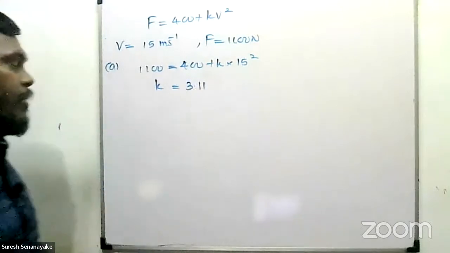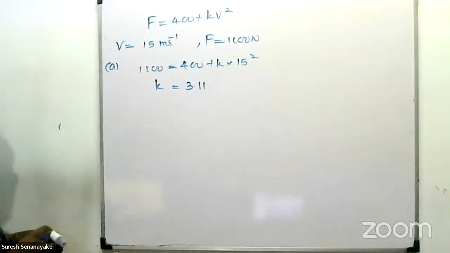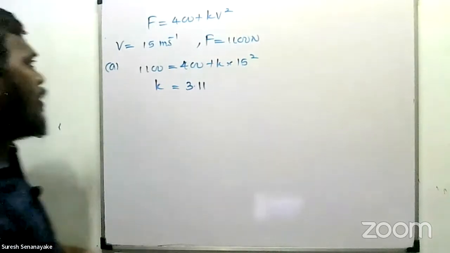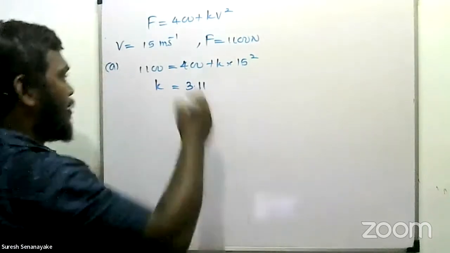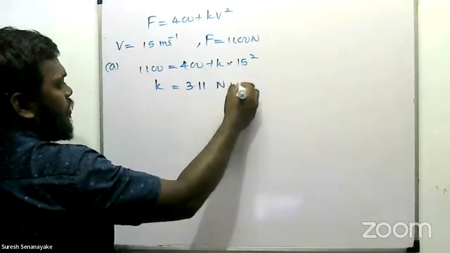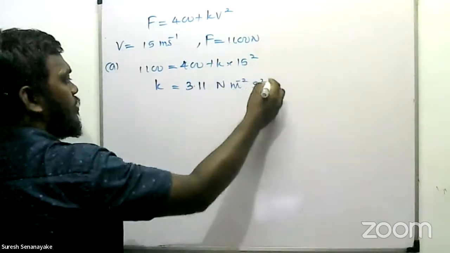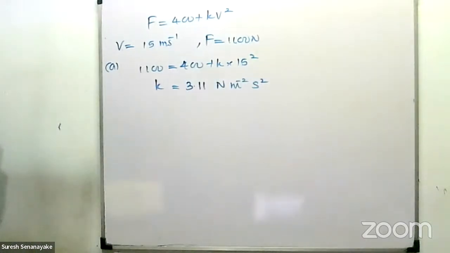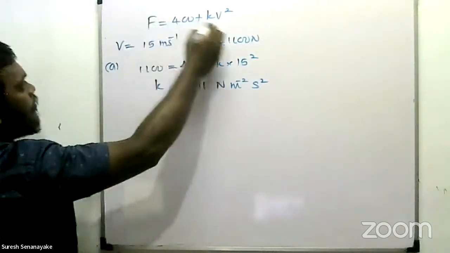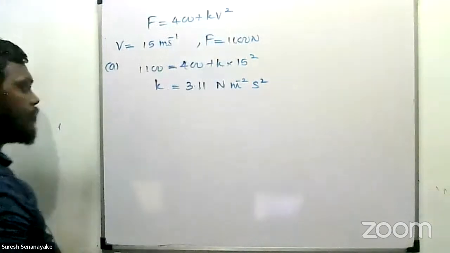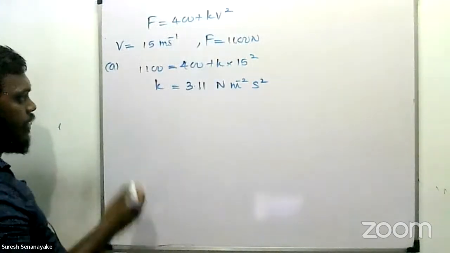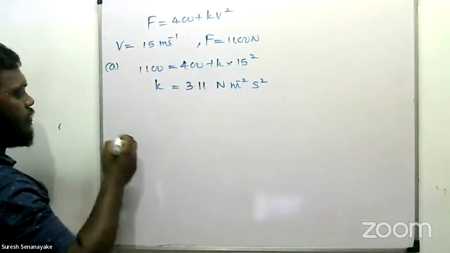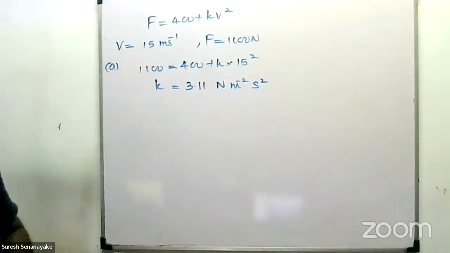It has a unit: you can write it as newton second squared per meter squared, or newtons per square meter per second squared. So you can write that. And k is not the question.